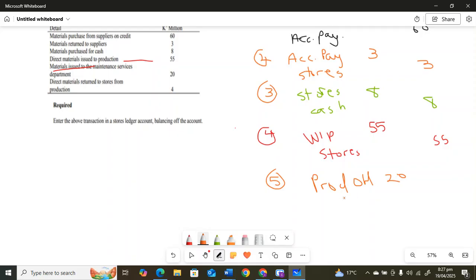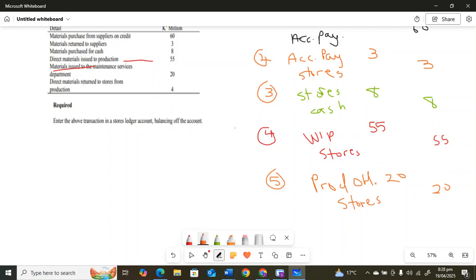Then we credit stores because it's leaving stores going to production. Remember, in stores you can get direct materials, which are the materials used for making the finished product, or you can get indirect materials.